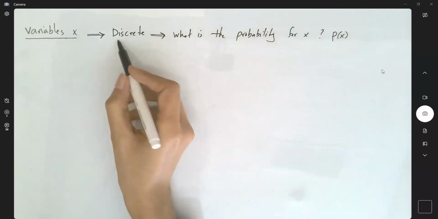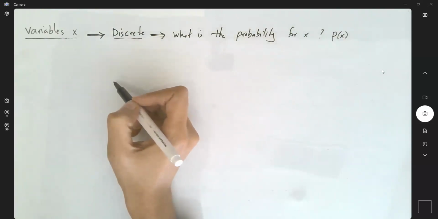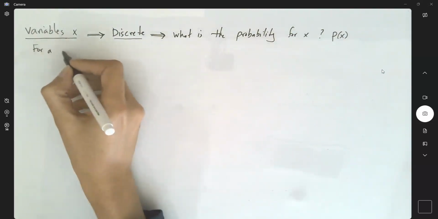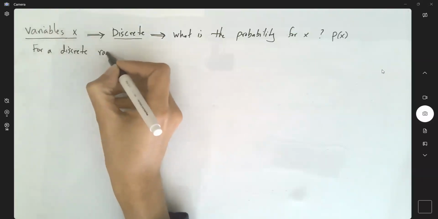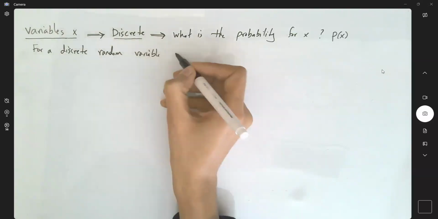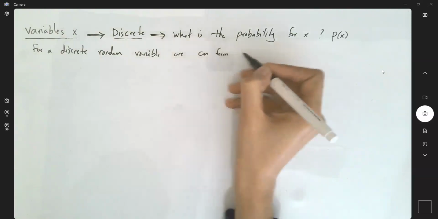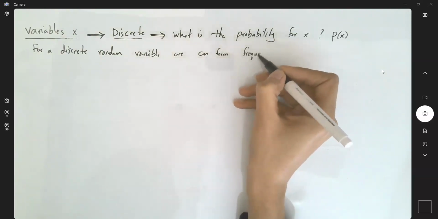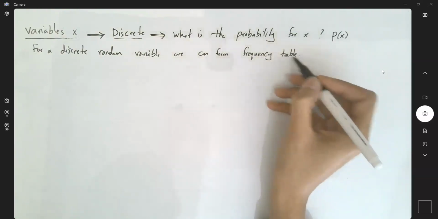In general, if you have a discrete random variable, you can form a frequency table. Why is it useful?